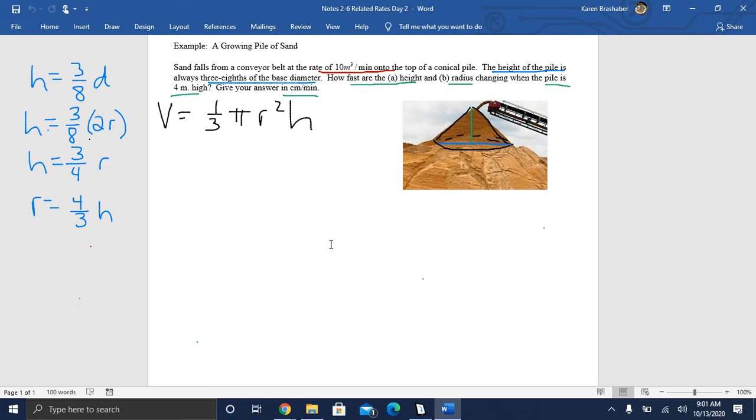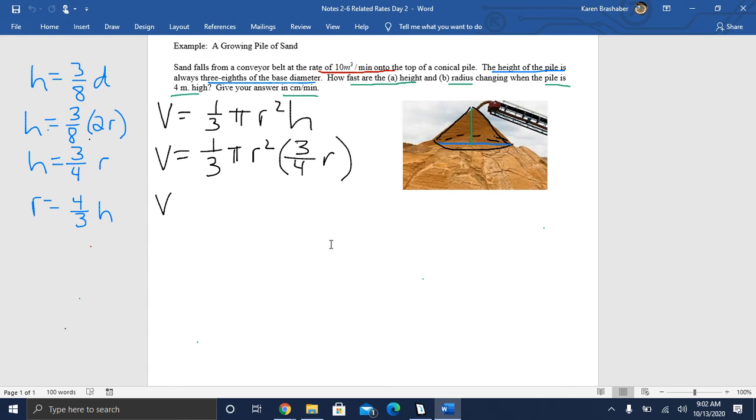And this time, instead of substituting for the r, I'm going to have to keep the r and substitute for the h. So the volume would equal 1/3 pi r squared, and then taking h out, that's why I have my work over here in blue that I wanted to keep, I can substitute in 3/4 r.